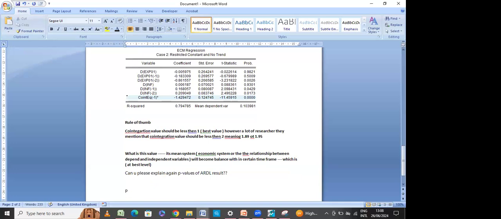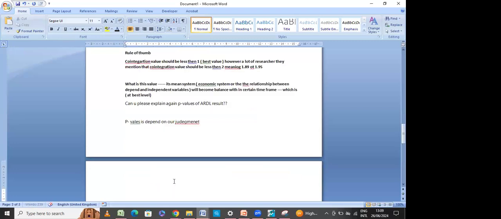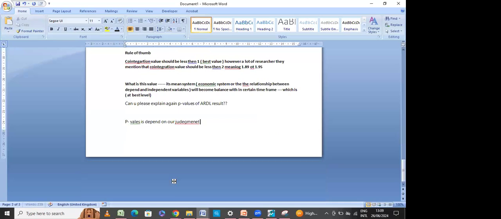P-values, please keep in mind one thing: p-values depend on our own judgment. Okay. How? I can explain with a small example. On judgment.